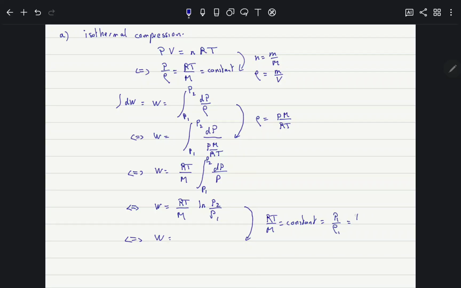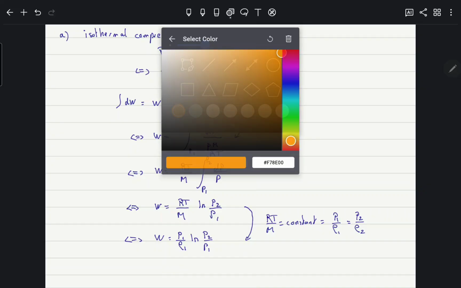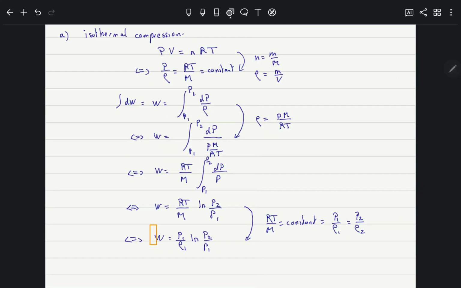It could also be the ratio of P2 over rho 2. Basically any pressure as long as it's associated to the density at the given pressure. So let's write the result eventually as P1 over rho 1 times the log of P2 over P1. And that's going to be the work of compression for an isothermal compression.